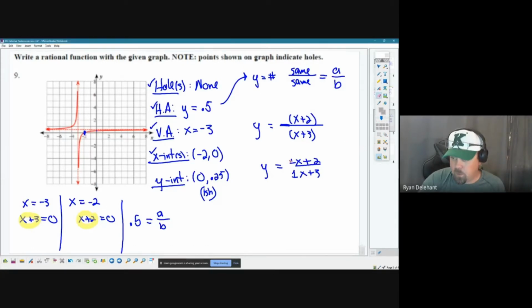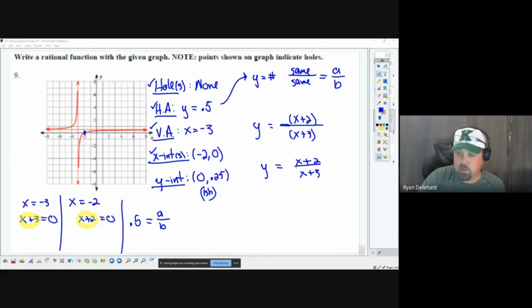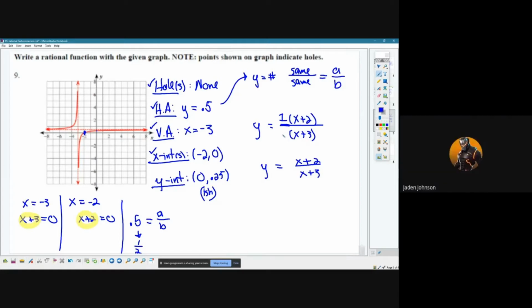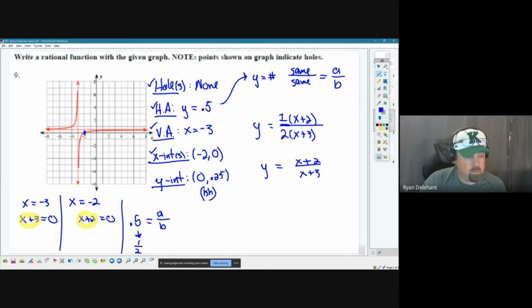So I'm going to show you how to do that. And especially when you get a decimal, this can actually be a little bit easier, because how do you write 0.5 as a fraction? You write that as 1/2. So that means the 1 on the top is okay, but what do I need on the bottom? A 2. I need that number to be what's in front.